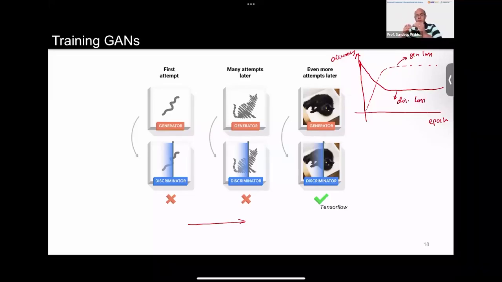If you look at this, the discriminator starts with a very high accuracy. As the training progresses, its accuracy decreases and the accuracy of the generator picks up.